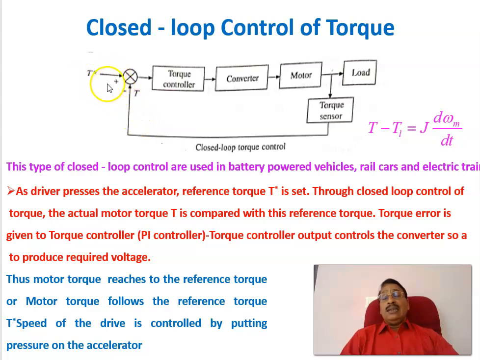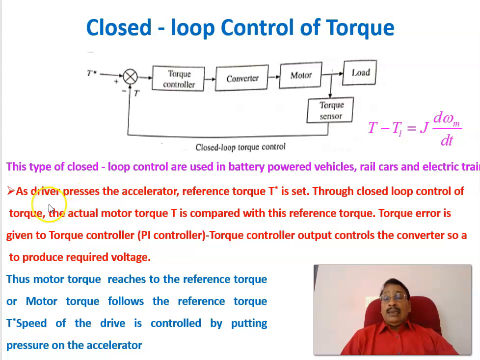So we are setting a torque to that value, and that motor torque will be developed. Therefore, this type of closed loop control is used in battery powered vehicles, rail cars and electric trains. Closed loop control of torque is done for these battery powered vehicles, etc.